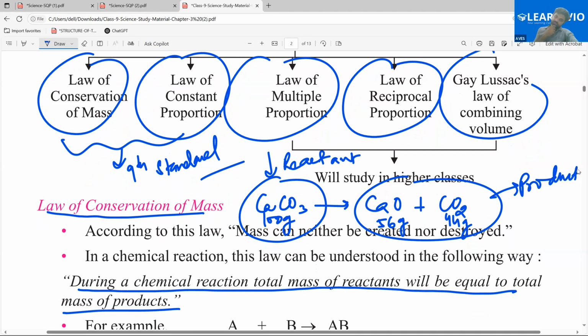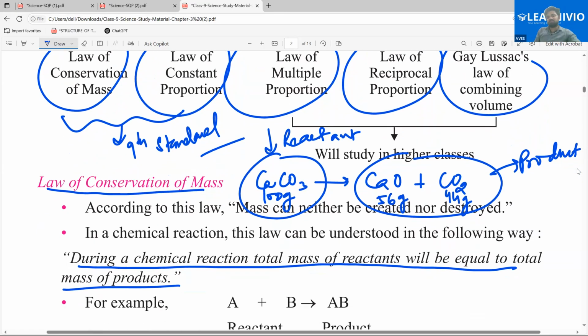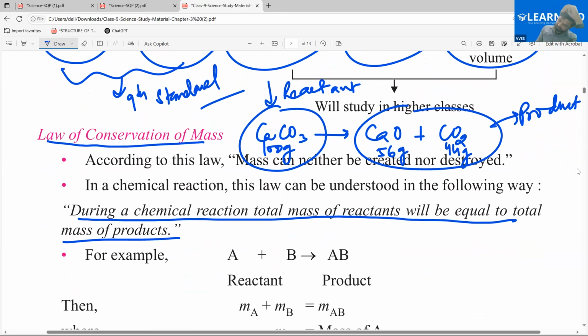So note this one also, but I have written it in blue. Write down a definition for the law of conservation of mass. Fast.